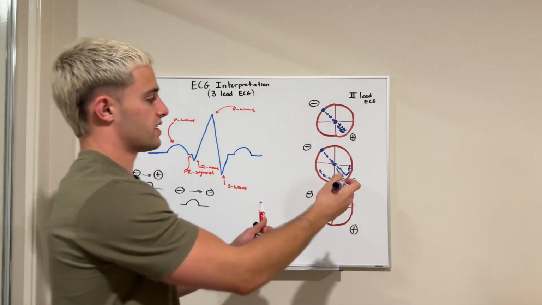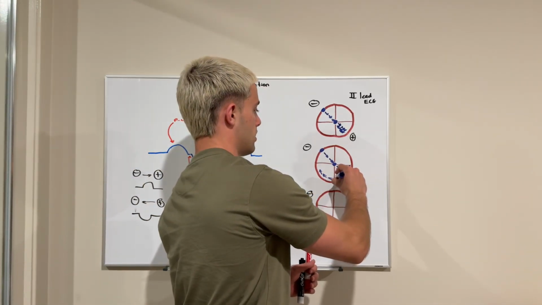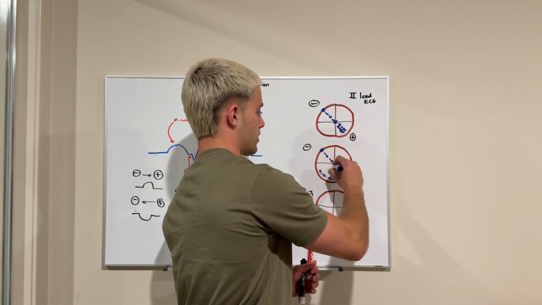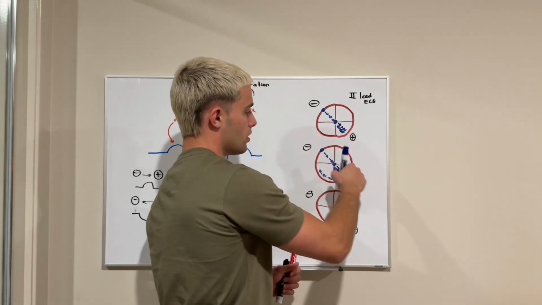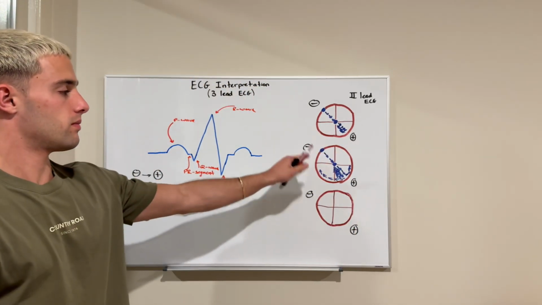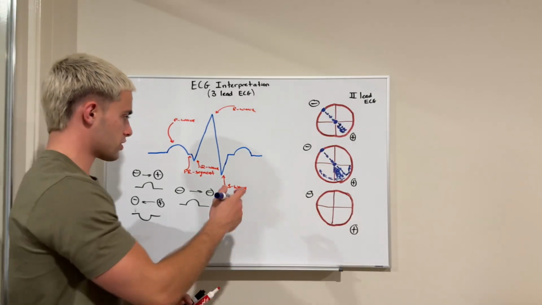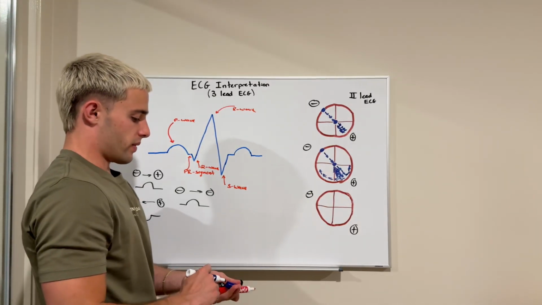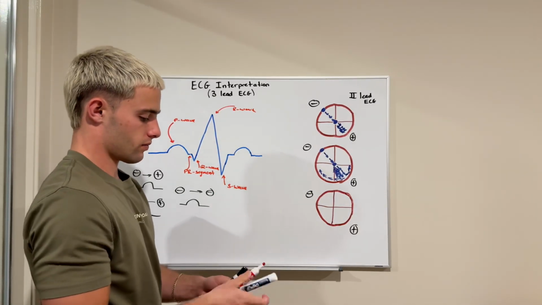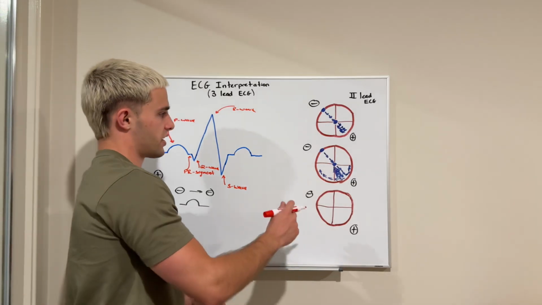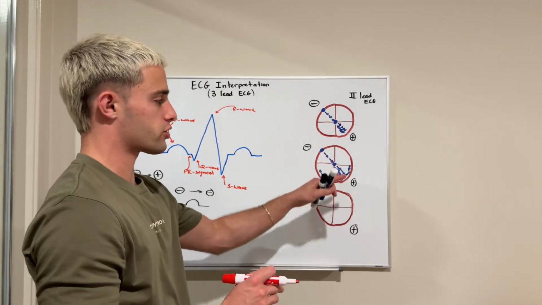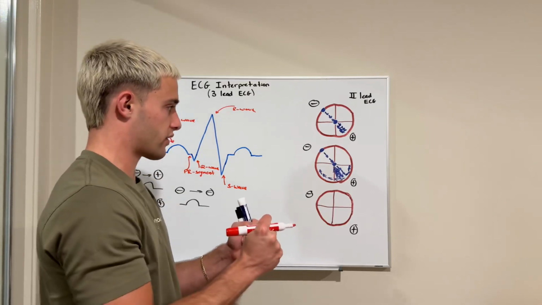And this is going to give us a net vector towards the negative electrode. So this is where we get the negative deflection. So now the ventricles are fully depolarized, so they've contracted.